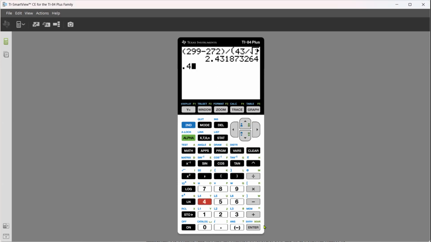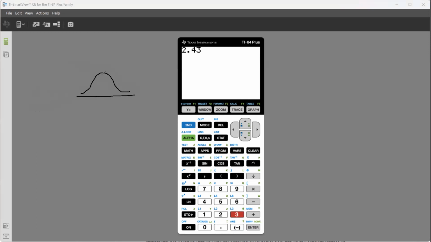Now, you're looking at 2.43. Let me annotate this and draw on the screen. Here's my curve.